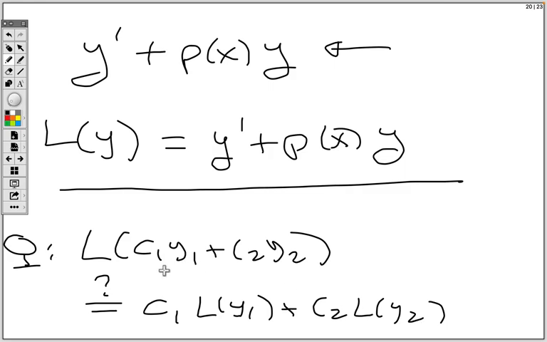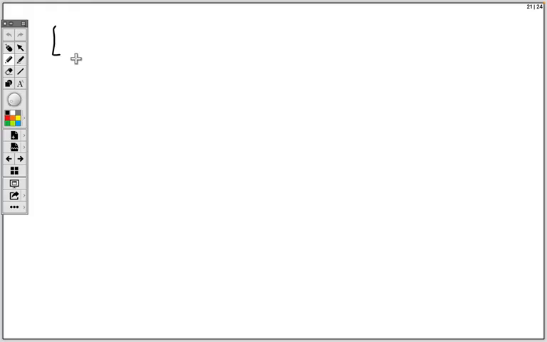So I need to show that if I plug in a linear combination and do this to it, I can rearrange it so it's the linear combination of plugging in those two individual values. So let's check that out. L of c1 y1 plus c2 y2.